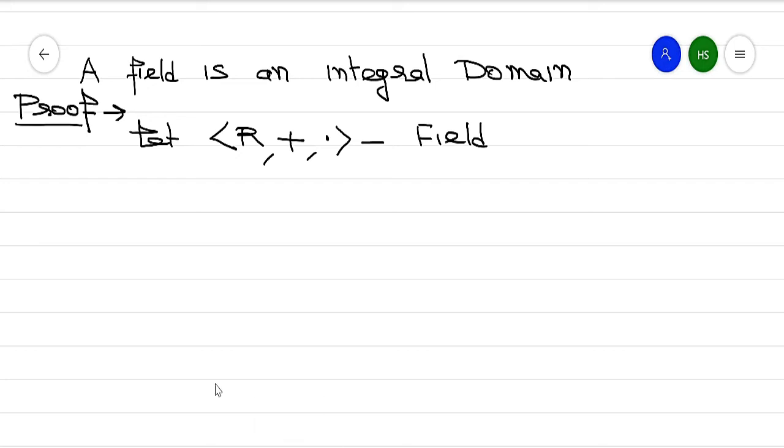Now, what does it mean? It satisfies that R with plus is an abelian group, and R with multiplication on non-zero elements is a group, and third, it holds as a ring.